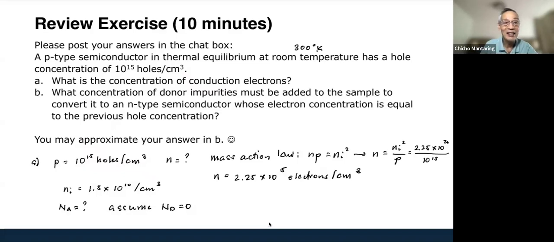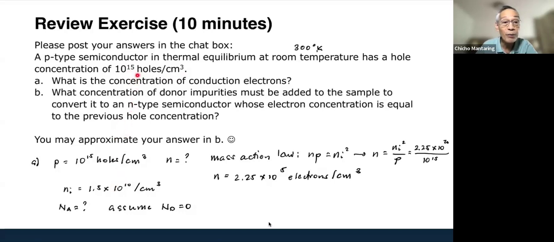Exactly. Bakit? Tama yung sagot. Why is it approximately 10 to the 15? Assuming charge neutrality. Yeah, that's true. You can show that using charge neutrality. Pero well, the answer I was looking for is, you have this number of holes per centimeter cubed, and this is very much larger than Ni.